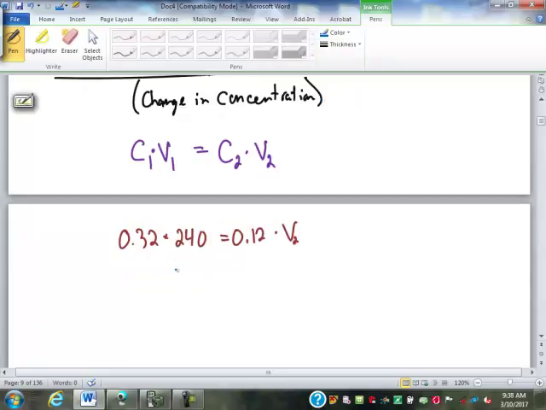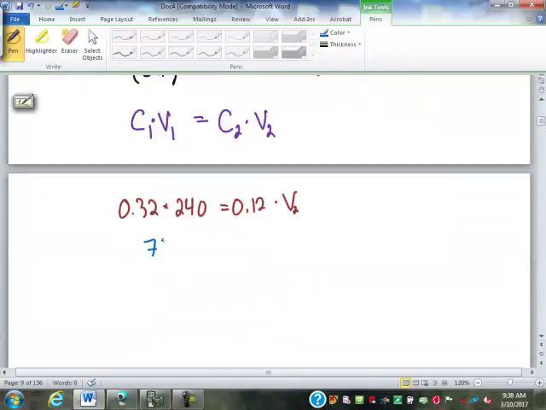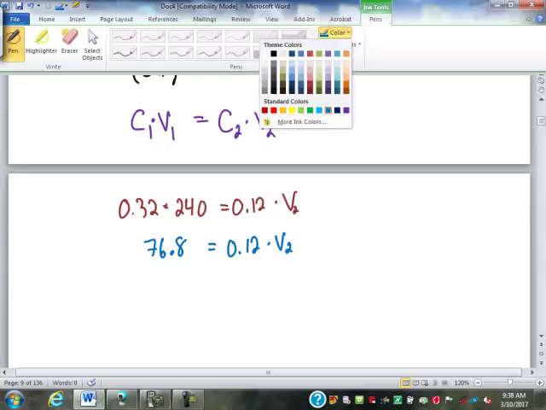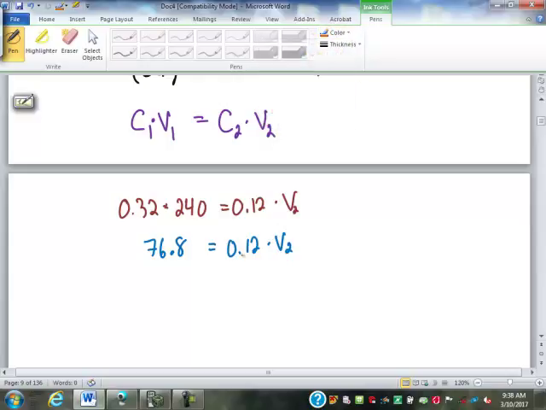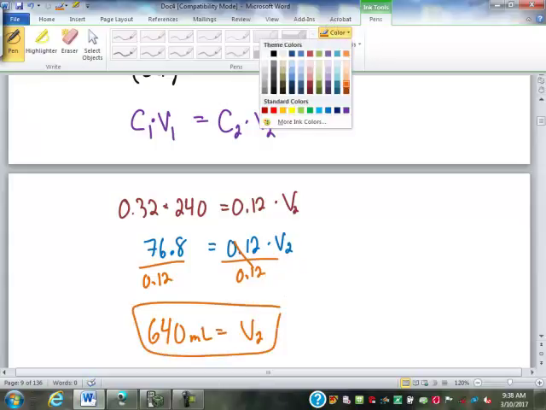So 0.32 times 240 is 76.8 equals 0.12 times V2. And we would solve that by dividing by 0.12. 76.8 divided by 0.12 is 640. That would be in milliliters. So our second volume would be 640.